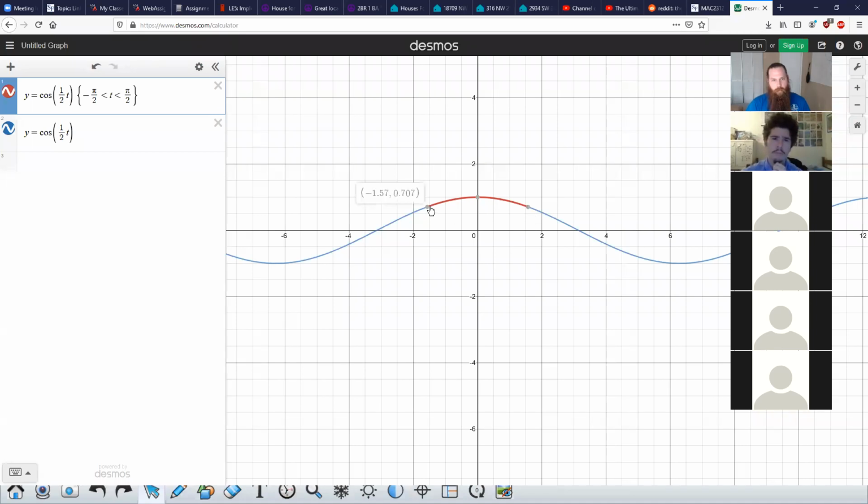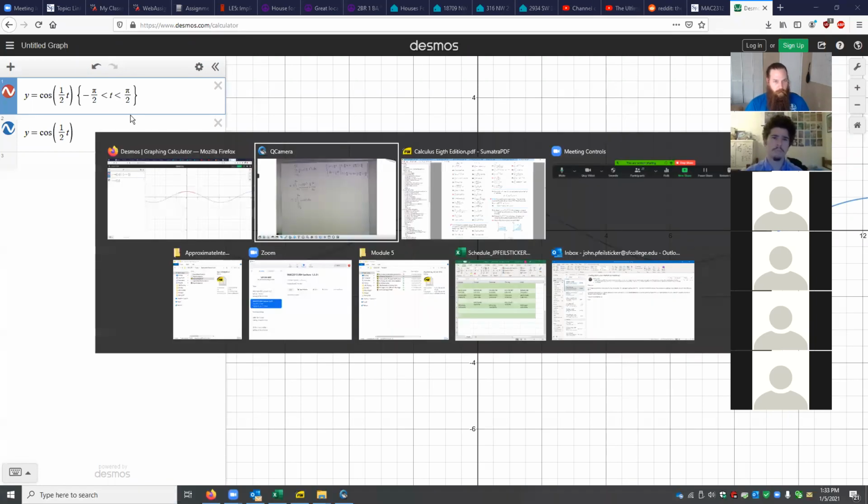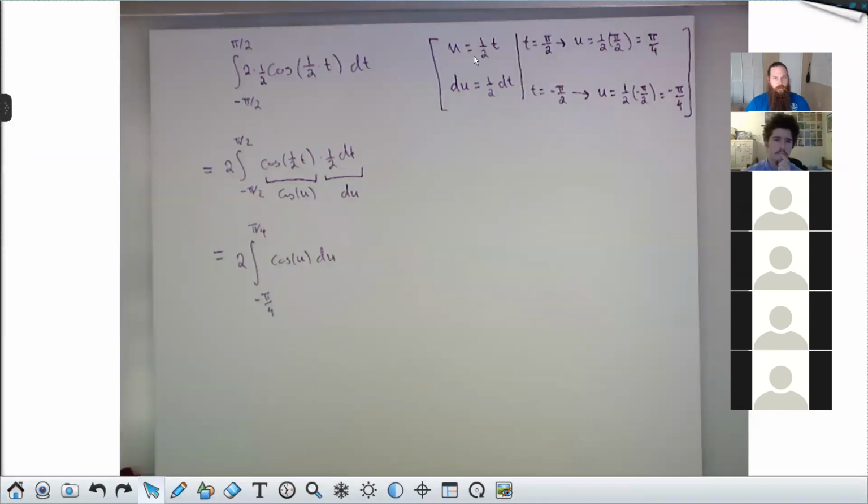So the left endpoint here and the right endpoint here, those are the bounds. -1.57 and 1.57 are -π/2 and π/2. Those are t values. So these original bounds, the -π/2 here and the +π/2 here, those are values of the variable t. This says take this function from t equals -π/2 to t equals +π/2 and find the area.